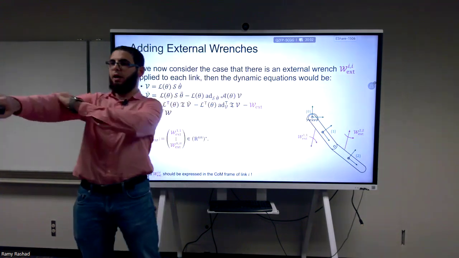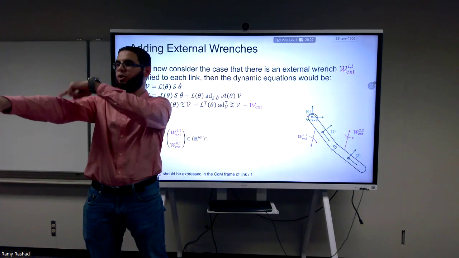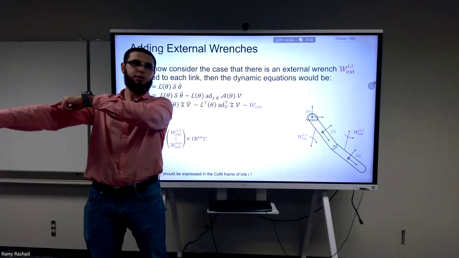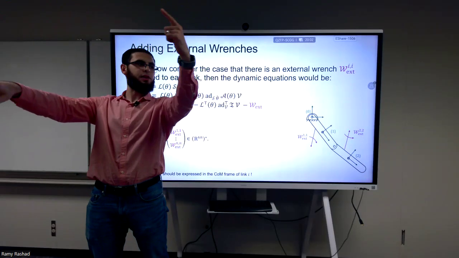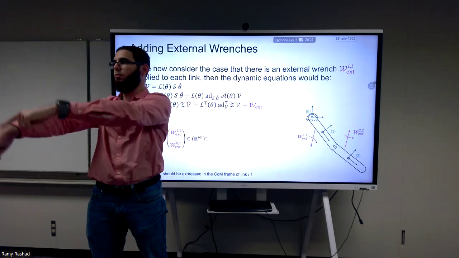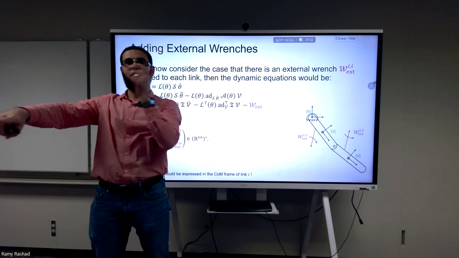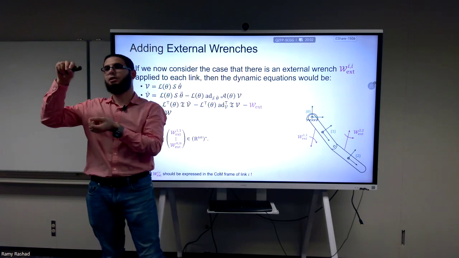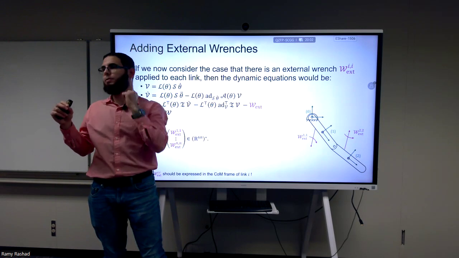So this is my arm. If I push it in this experiment from here, or I push it from here, what is this wrench? It's the same wrench, right? So this is the wrench of my left hand on my right arm. So whether I press here or I press there, it doesn't matter. Of course, the numbers the wrench has change depending on what? The frame that you choose to express that wrench in.